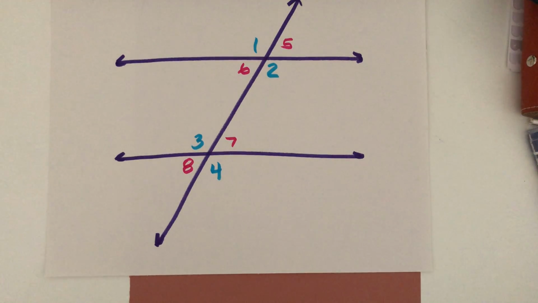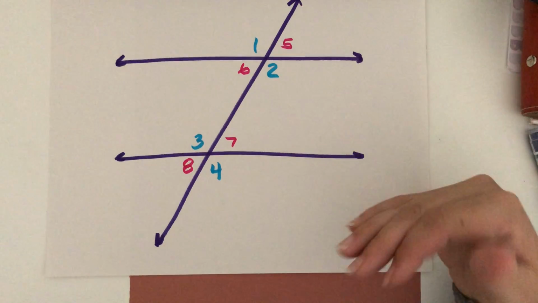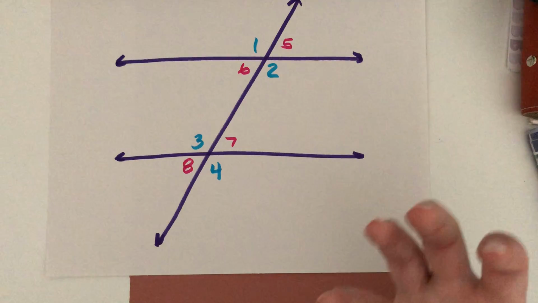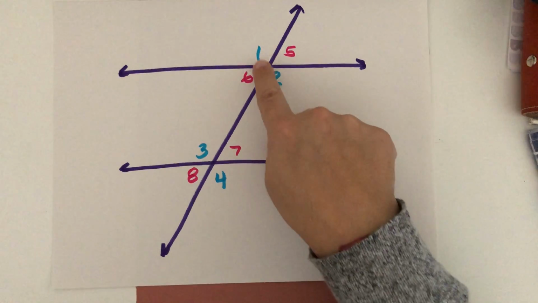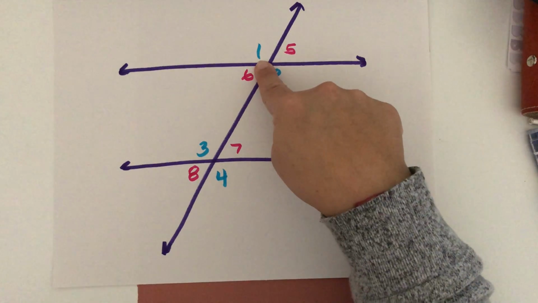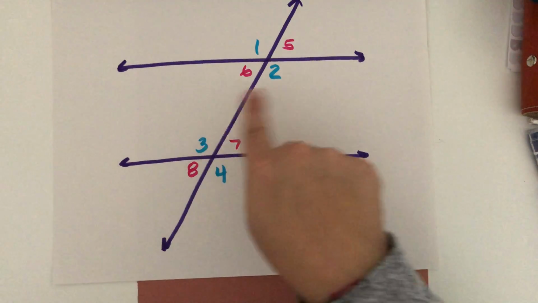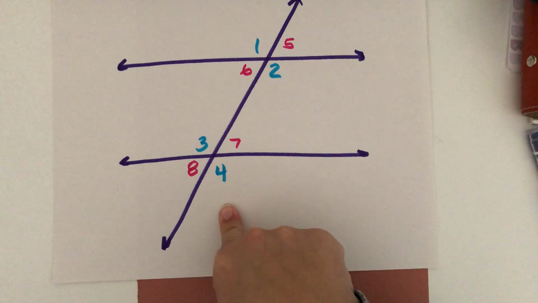So again, this is just a review for geometry for next year. This is a lot of the things you guys start dealing with your proofs and making sure that you understand that 3 out of the 4 of those types of angles are always going to be congruent to each other. So if you're actually just given one of these angle measurements, you can figure out every other angle measurement here.